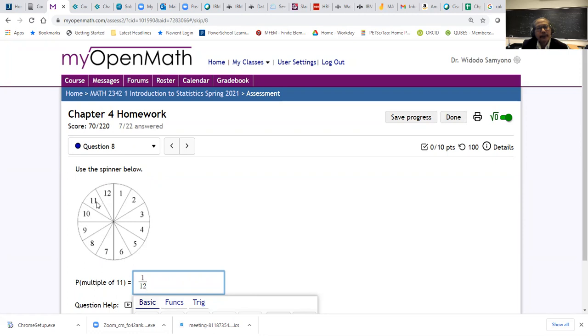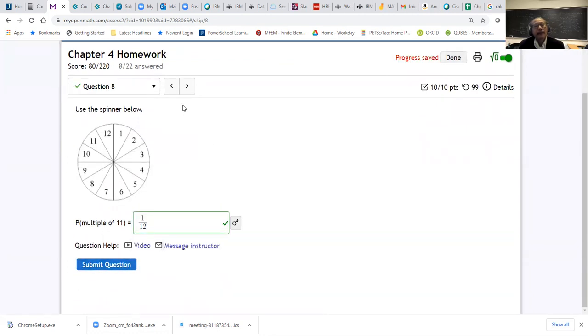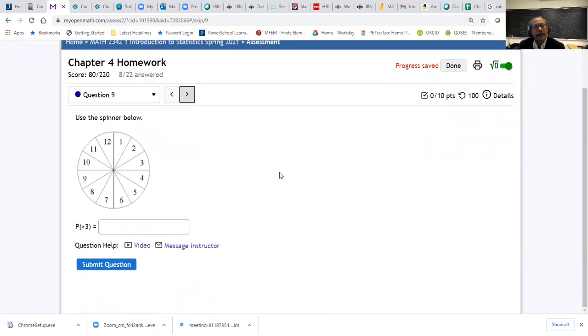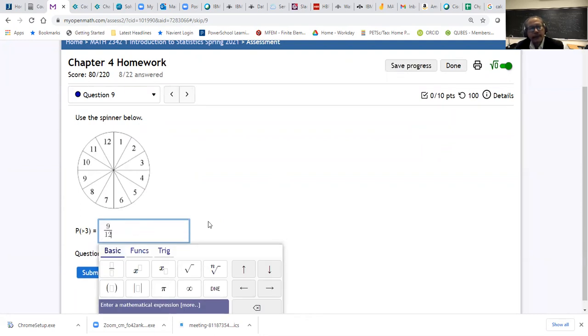The multiple of 11 is only 1. Okay, the next one, greater than 3. How many numbers are greater than 3? 1, 2, 3, 4, 5, 6, 7, 8, 9. So the answer is 9 over 12.